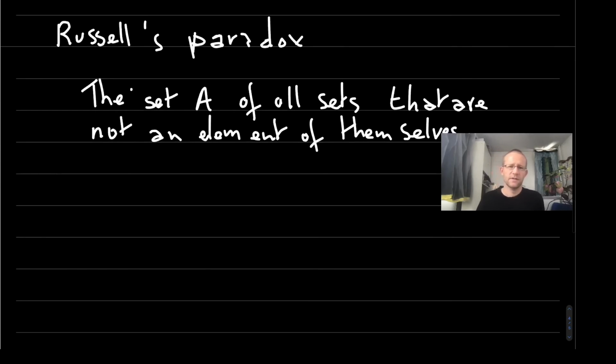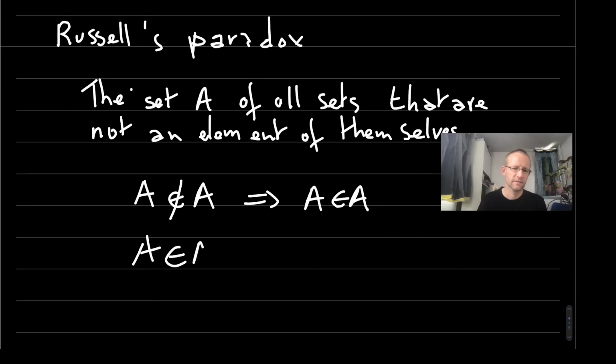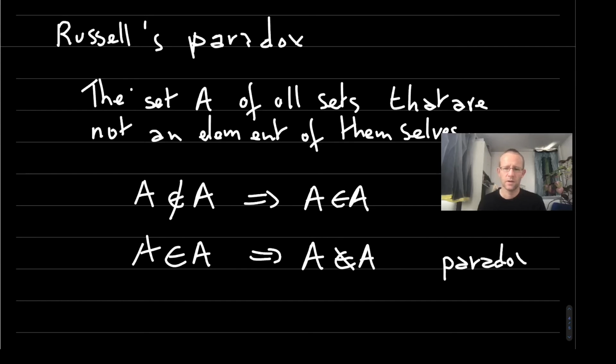Then it's not hard to see that if A is not an element of itself, it must belong to A. While if A is an element of itself, it cannot belong to A. Clearly, this is a paradox. And you can look up how mathematicians resolve this paradox by adopting new axioms for set theory.